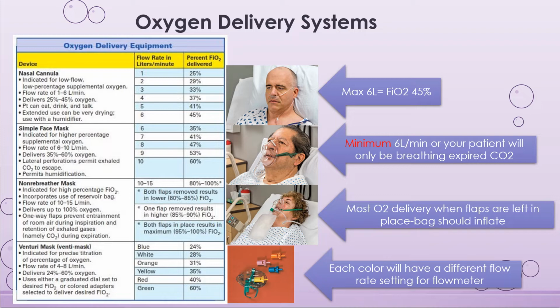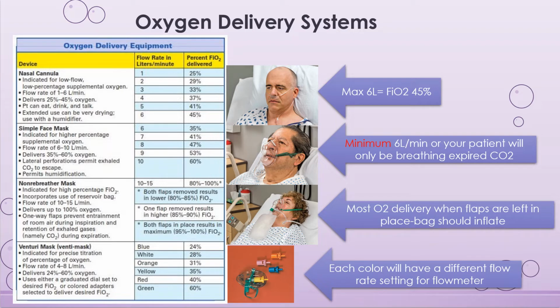For every liter you add by nasal cannula, you're adding between 3 and 4%. So, adding 1 liter is around 24, 25%. 2 liters is around 28, 29%, ballparking it. The maximum amount of O2 that you can deliver by nasal cannula is 6 liters, and that's around 45%-ish, okay?